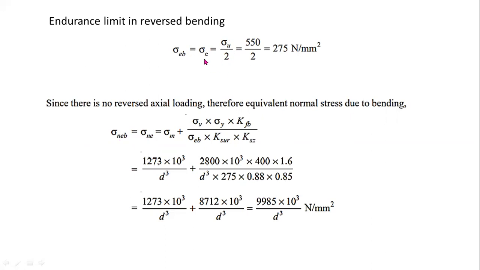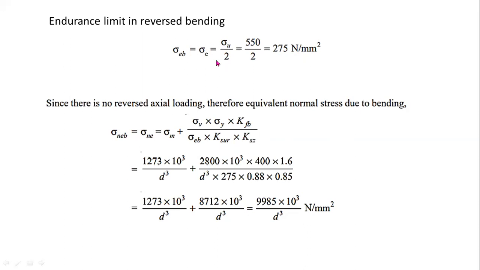Here the value of sigma e is not given. In our question the value of sigma e is not given. So that's why I consider sigma e equal to half of the ultimate stress. So 550 is the value of ultimate stress divided by 2 equal to 275 is the endurance limit. Please remember endurance limit value is not given in our question.